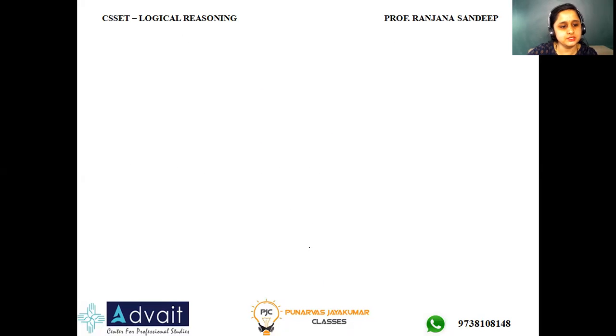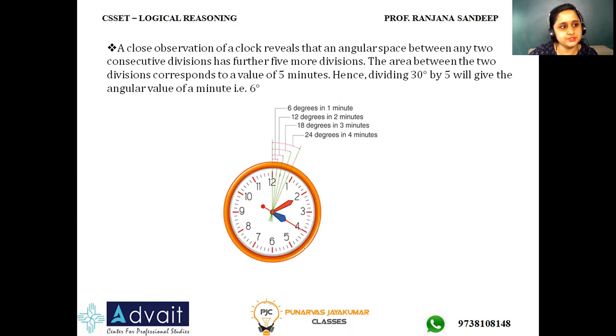Dividing 30 degrees by 5 will give the angular value of a minute, that is 6 degrees. So for 1 minute, the angular value is 6 degrees.